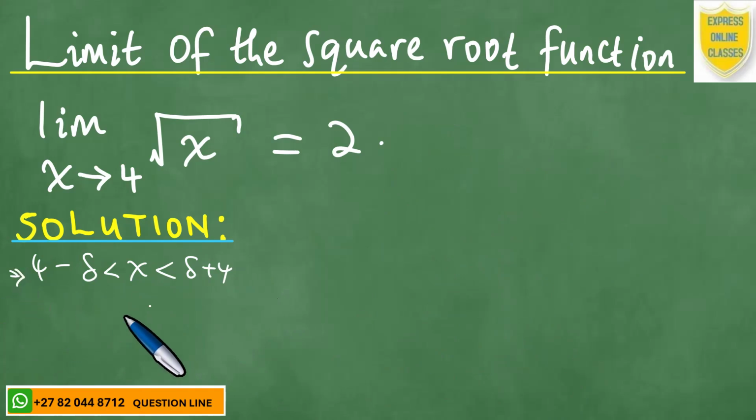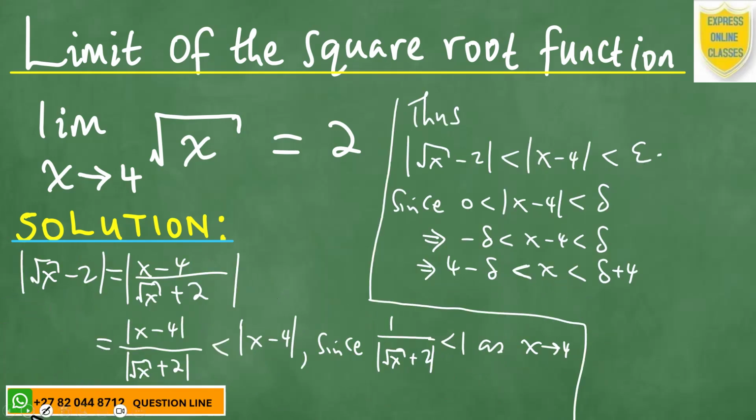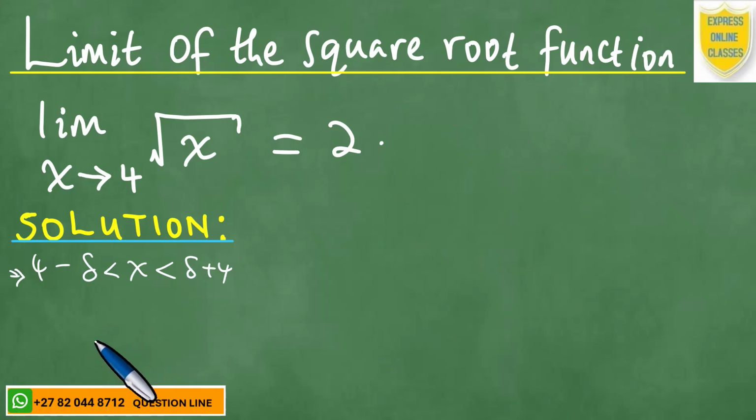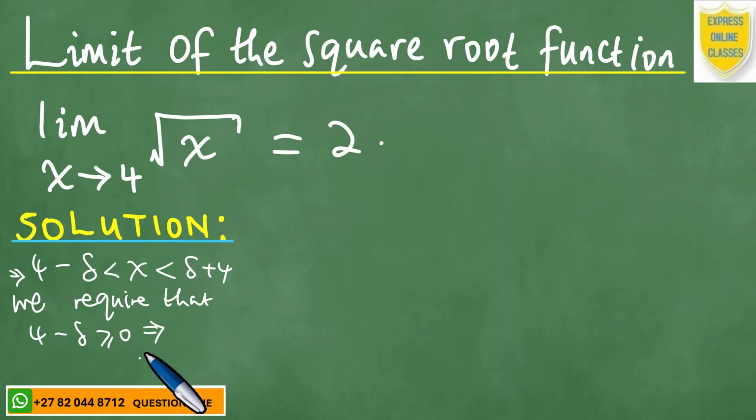But with the domain restriction of the square root of x, that x must be greater than or equal to 0, we require that 4 minus delta be greater than or equal to 0, because x must be at least 0 for the square root to make sense.